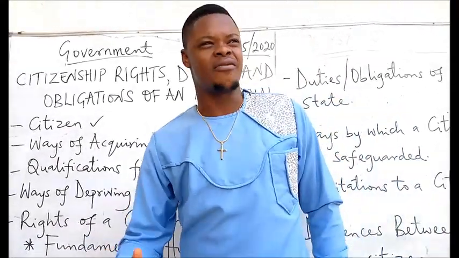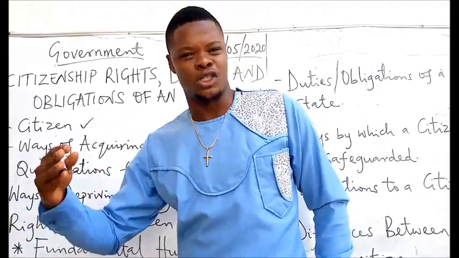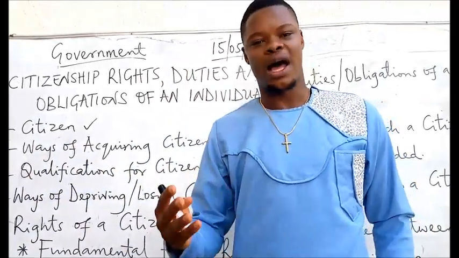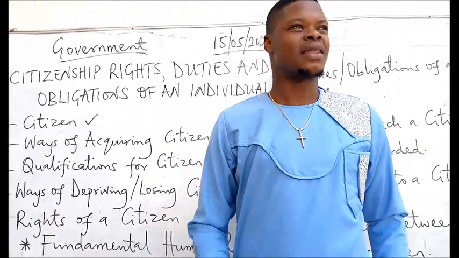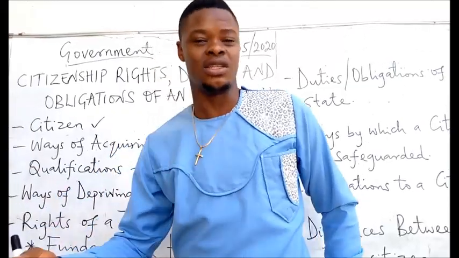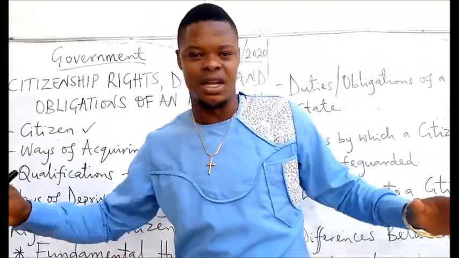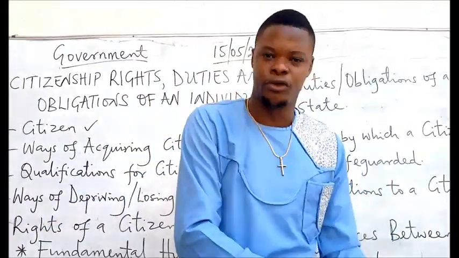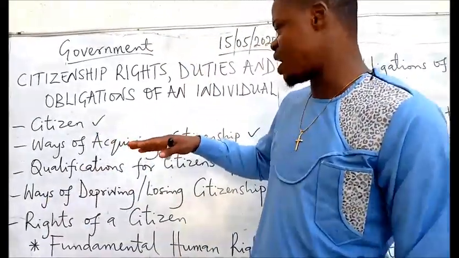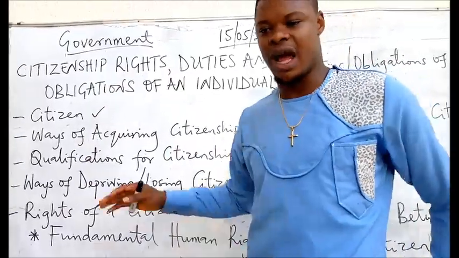Most countries have a number of years you must live continuously in that country before you are accepted as a citizen. I think in Nigeria we have about 15 years. Most countries pin their residence years from 7 to 15 years. So once you meet that condition, you are qualified to be a citizen of that country.